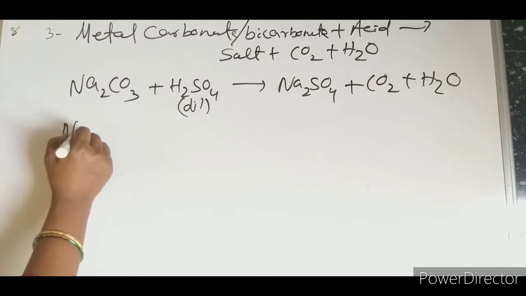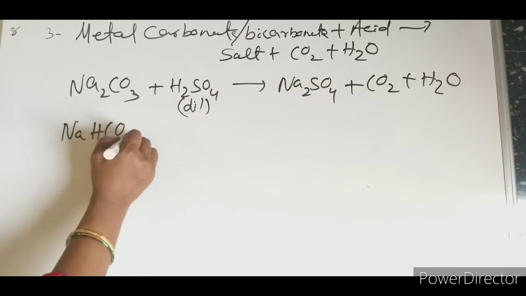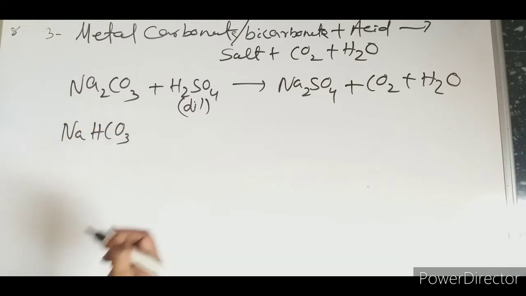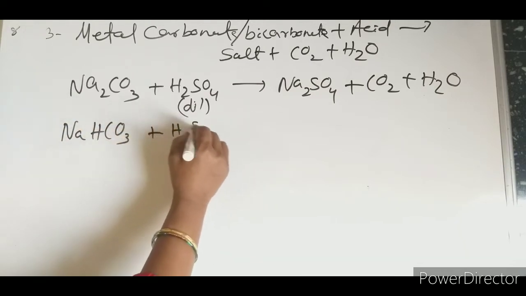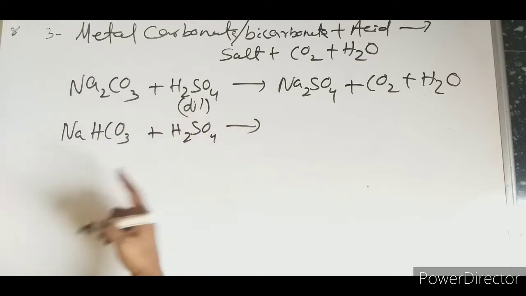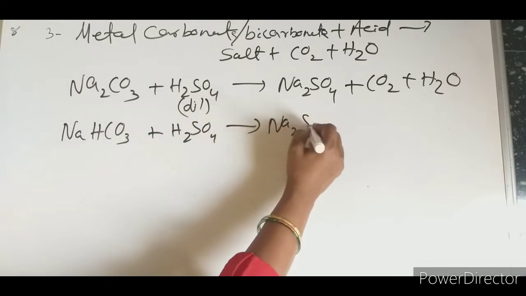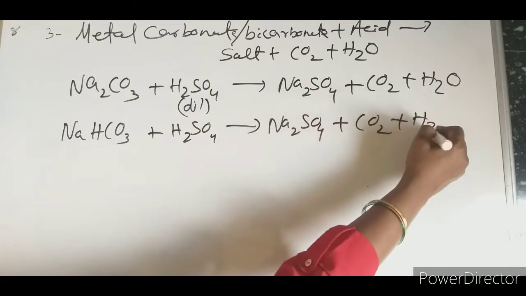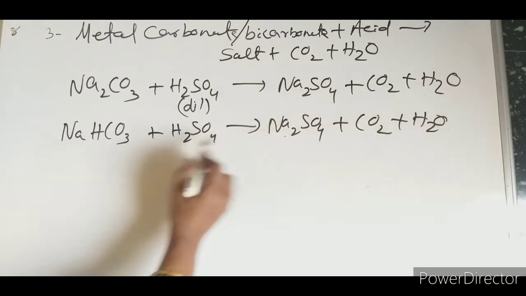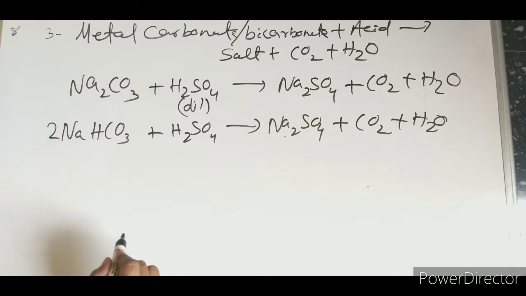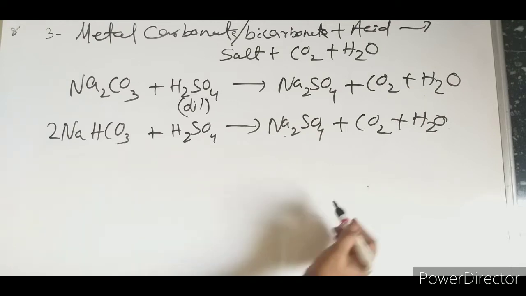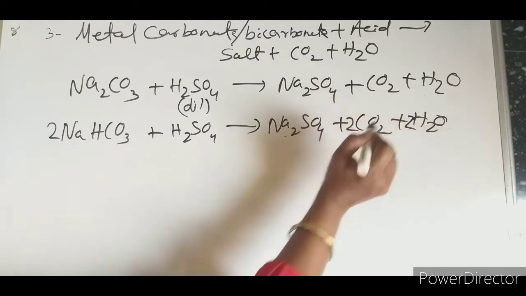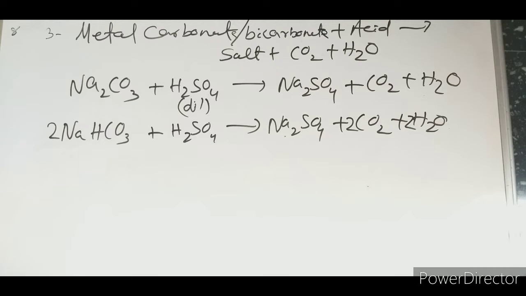Let us take NaHCO3, sodium bicarbonate, with H2SO4. We get Na2SO4 plus carbon dioxide plus water. So here 2, here 2, so water will be 2, carbon dioxide will be 2. This is for metal carbonate.